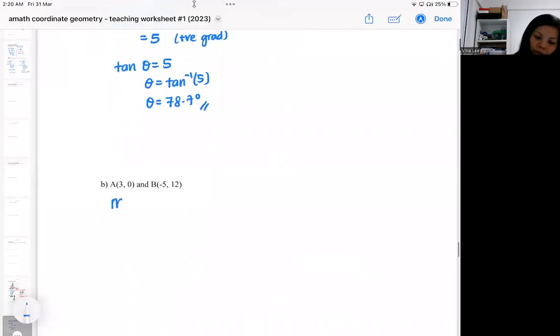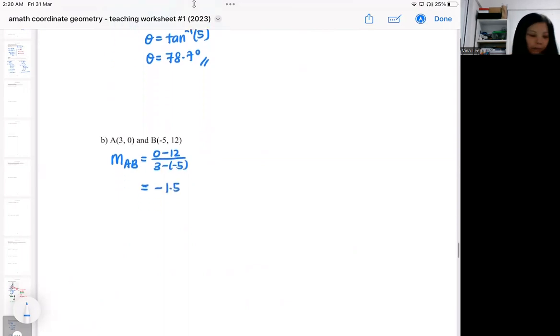If you work out the next one, you will get a negative gradient. So you will get a negative 1.5. If it's a negative 1.5, for tangent theta, I will ignore the negative first. I will try to get the acute angle first.